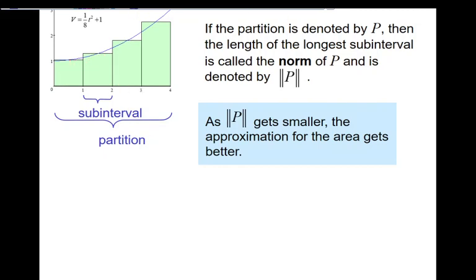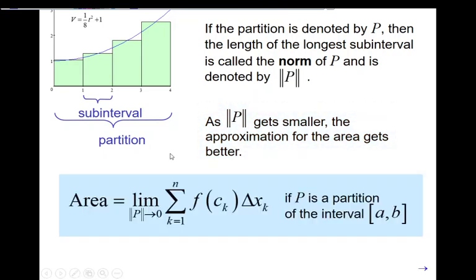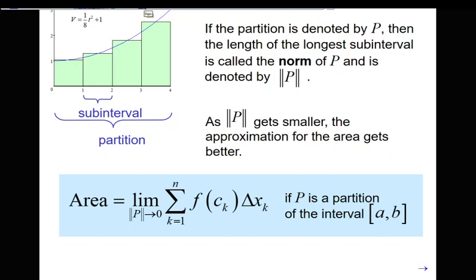So now we're saying, okay, the area then, and this is a big ugly equation, but breaking it down, what is this again? This is the norm of p, so that's the width of the rectangles, going to 0, so the width is getting smaller, right?